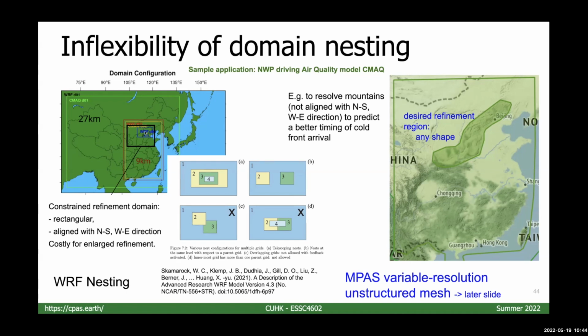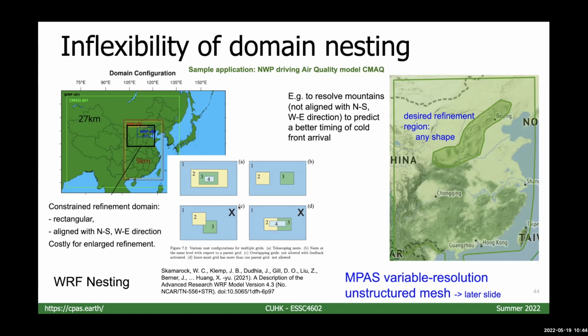In constructing nested domains, there are rules. So in this figure, figure A, if one nested domain is completely inside its outer one, it is okay. And for B, if 2 nested domains are in a common outer lower resolution domain, it is also okay.